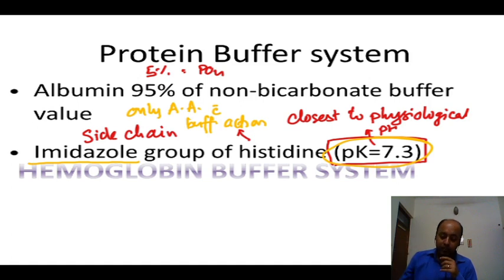So we have an overlap with physiology here, the hemoglobin buffer system. I'll very quickly go through it. Obviously it will be covered again in much greater detail in your physiology class, but just the part that we need to know here to understand the buffering provided by the hemoglobin.